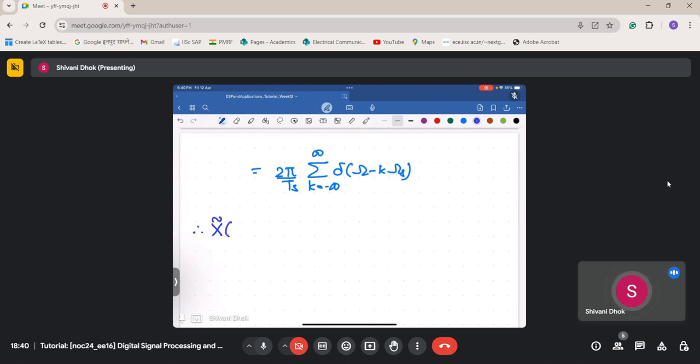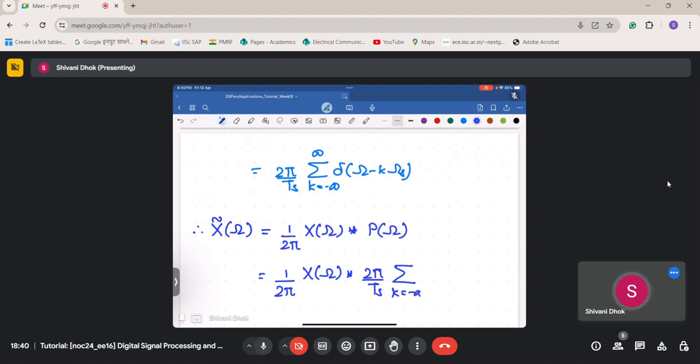So therefore x tilde omega, which is equal to 1 upon 2 pi into x of omega convolved with p of omega, this comes out to be equal to 1 upon 2 pi x of omega convolved with 2 pi by Ts into summation k running from minus infinity to infinity delta omega minus k times omega s.